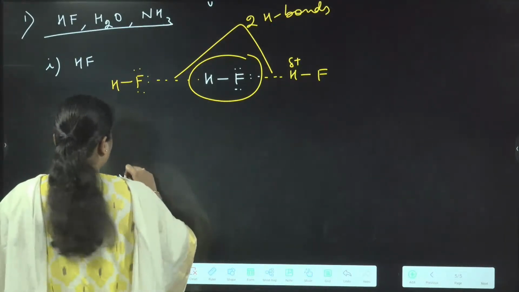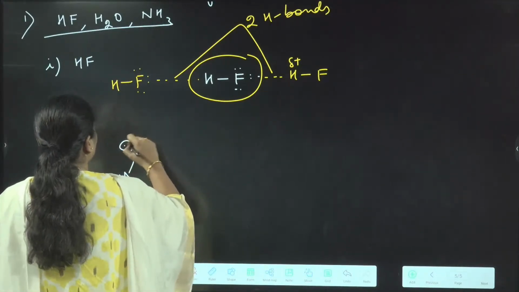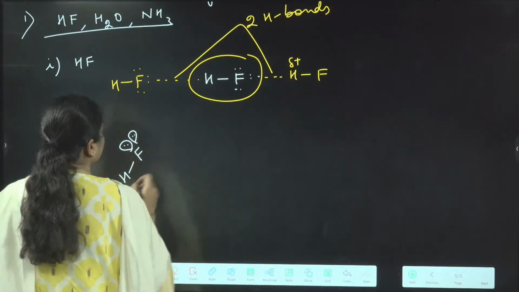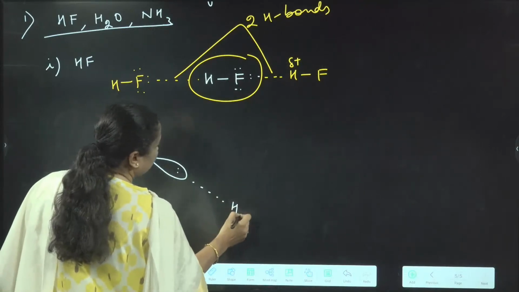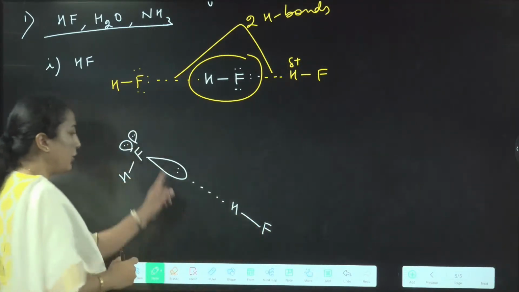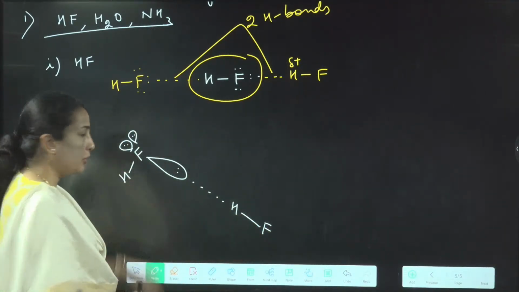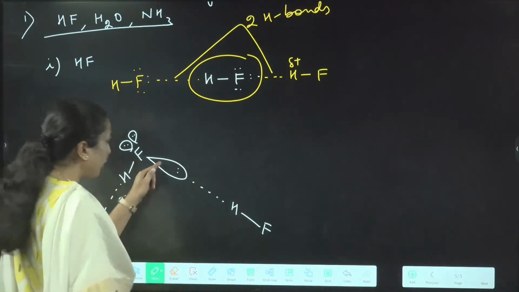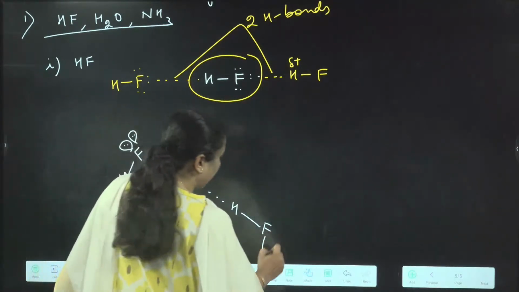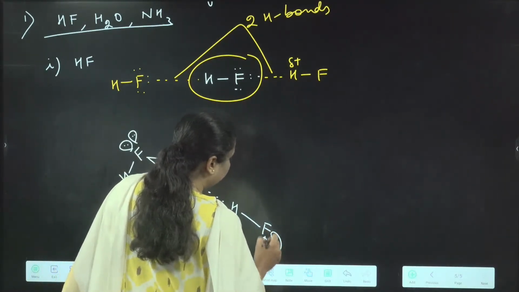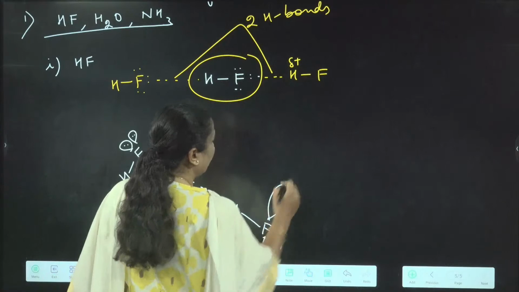So let us see the structure of them. In HF, this is the lone pair of electrons which is being attracted by this HF. Are you able to see there is a direction of this particular orbital? And from that, the lone pair is being attracted towards this hydrogen. Then again you have this fluorine with a lone pair of electrons.